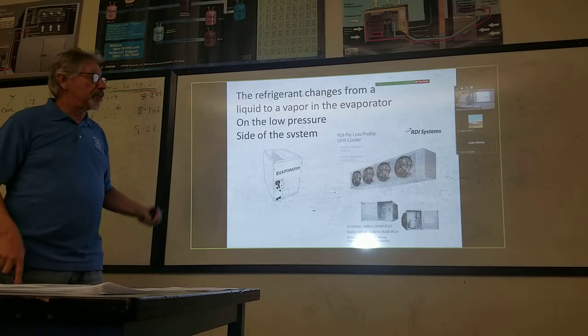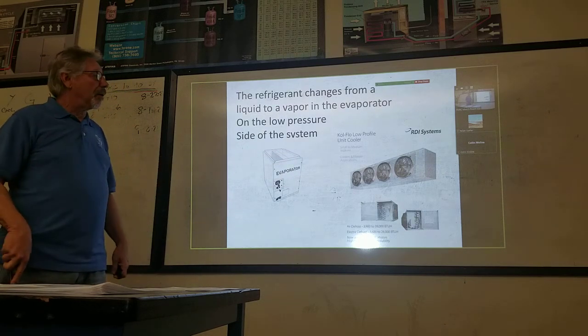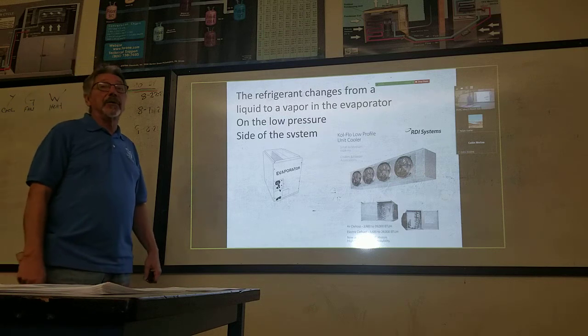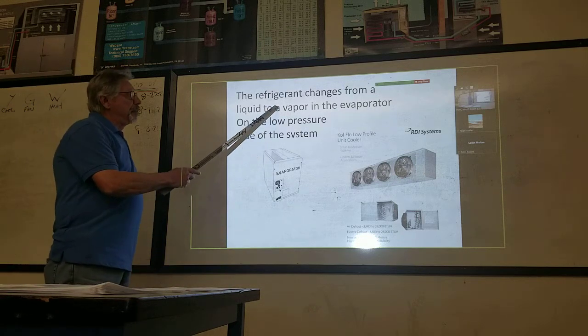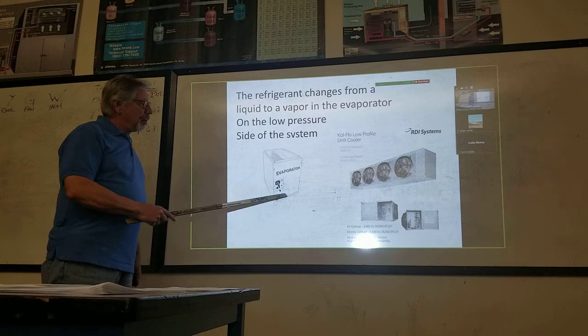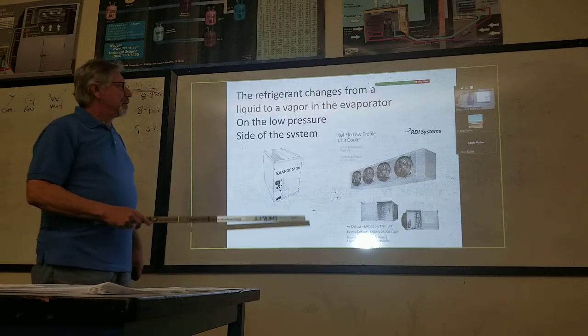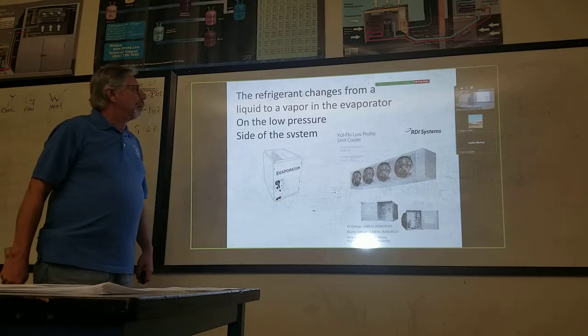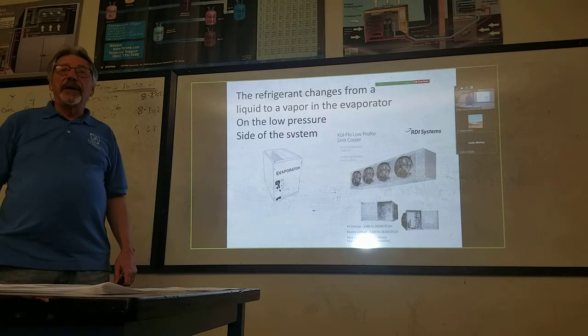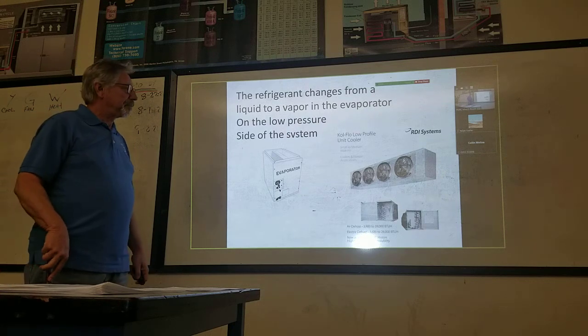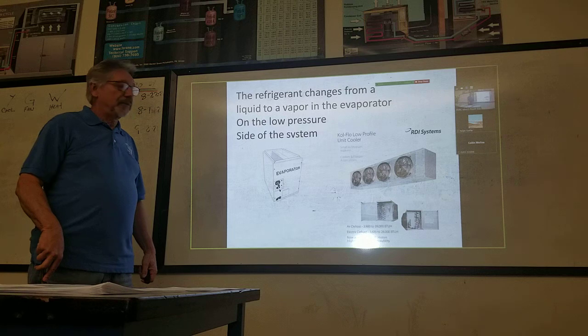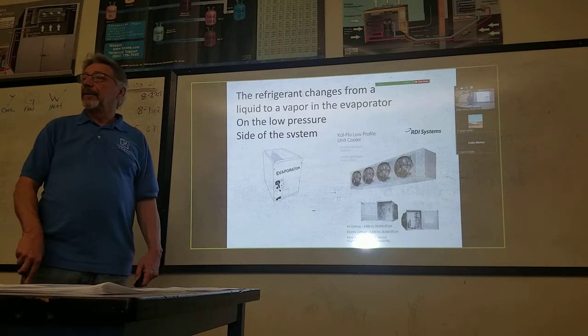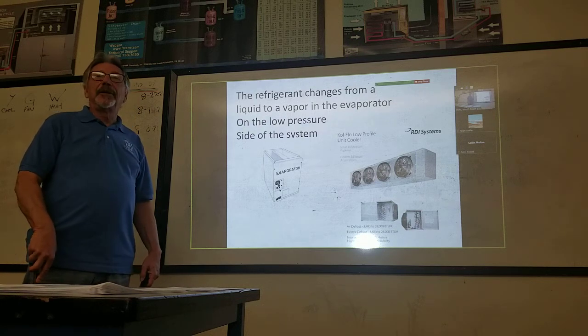Both of those pressures are going to be relevant. So this is happening on the low pressure side of the system in the evaporator, where it's actually changing from a liquid to a vapor. You understand that? Am I going too fast?